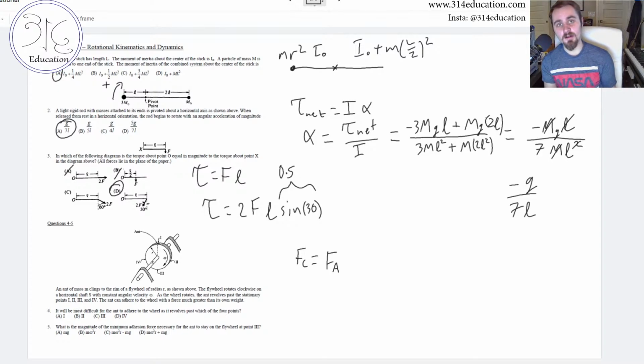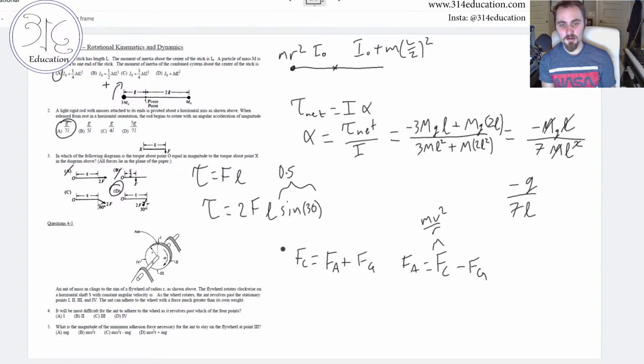So we also need to factor in the gravity force for the ant. At 2 and 4, it's perpendicular, so the gravity force isn't going to affect it at all. But at 1, it's in the same direction as the adherence force, so it's going to help it out, meaning that the ant is only going to have to hold on for the centripetal force, which is mv squared over r, minus our force of gravity.